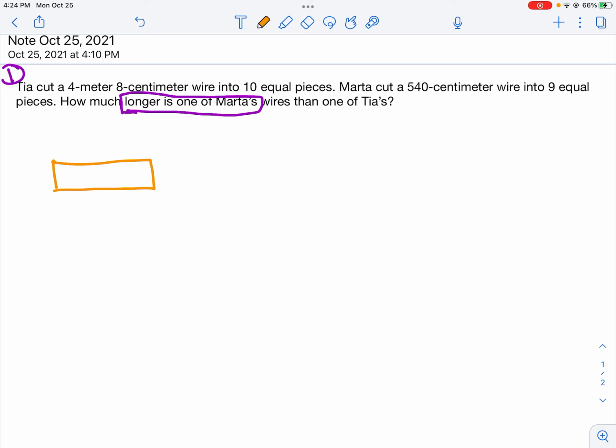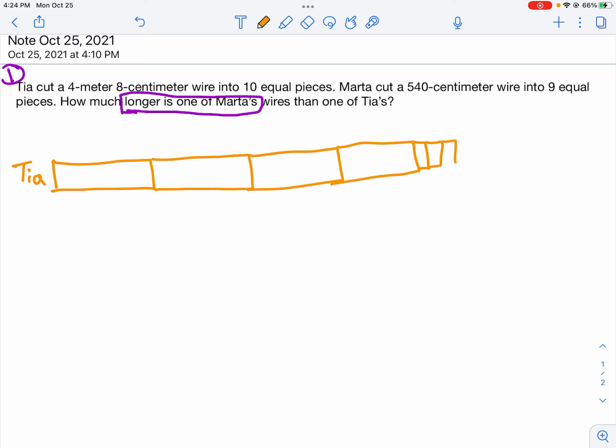4 meters. And here's why I'm not keen on this one, because I can't copy and paste it. I'm going to draw 4 meters. This is representing Tia. And then it says 8 centimeters. So I'm just going to represent 8 centimeters with 8 little boxes.